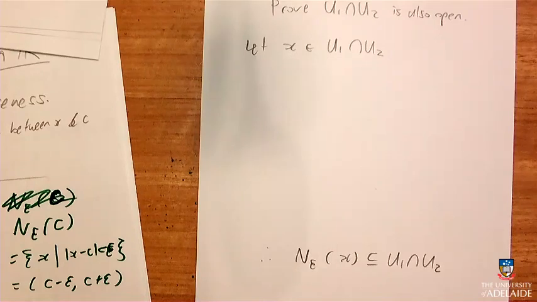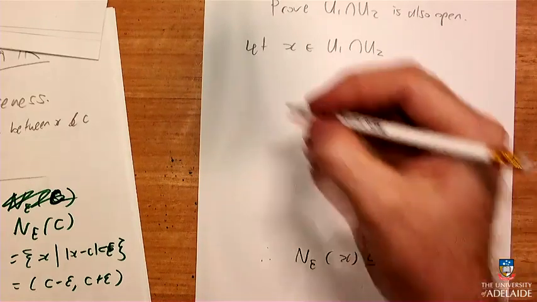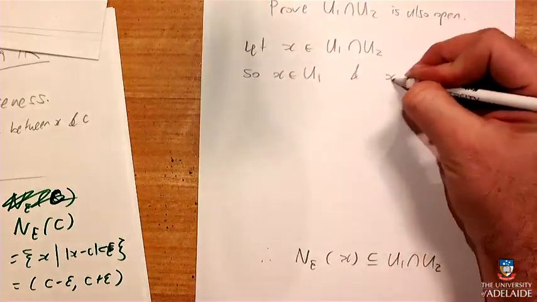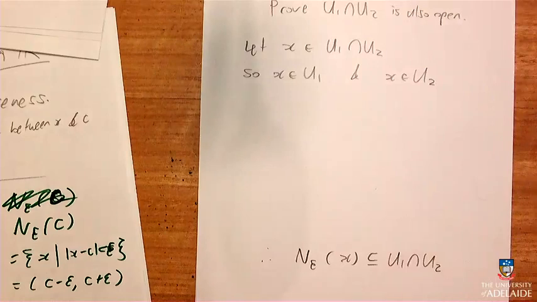Well, the only thing I can think of at the moment is that the meaning of being in U1 intersection U2 is that you're in both U1 and U2. And if x is in U1, then there's a little neighbourhood around x that's contained in U1 because it's open.